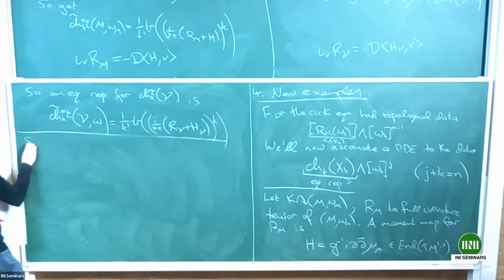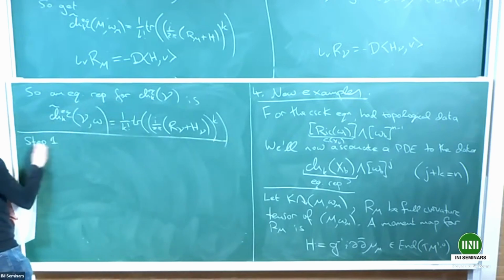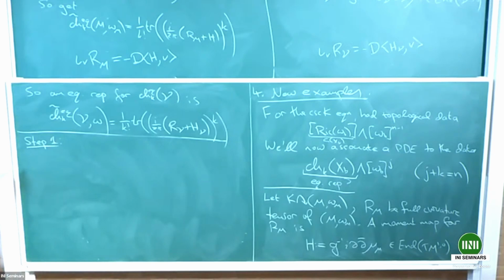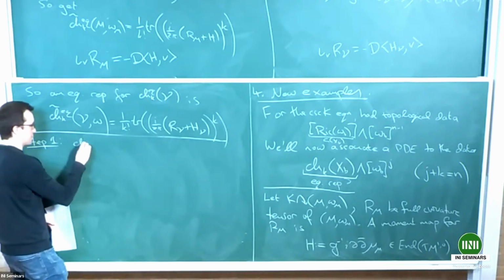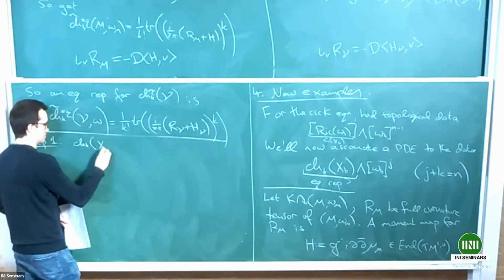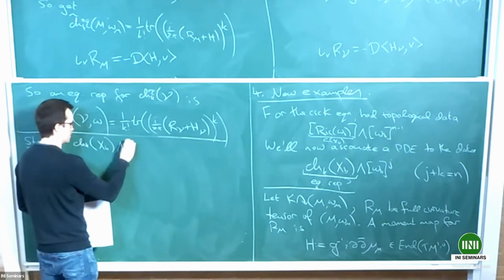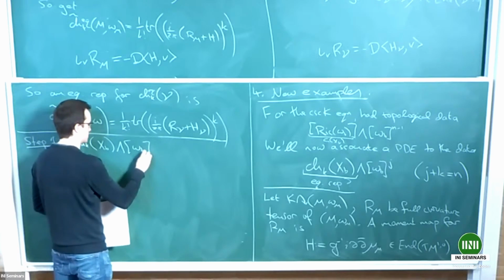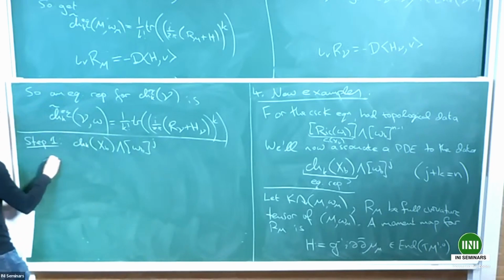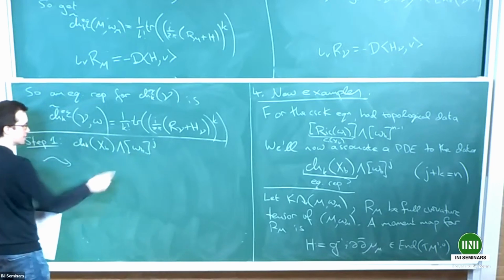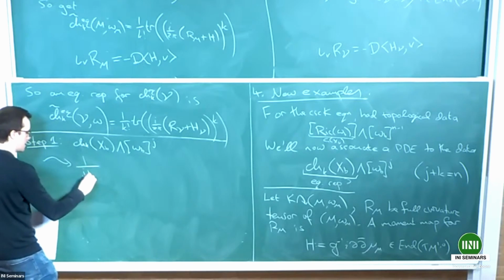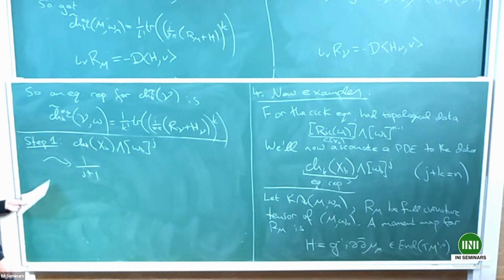So step one. I want to take this topological data that I wrote down and do the following. There's a power of omega. I want to divide by that power plus 1.